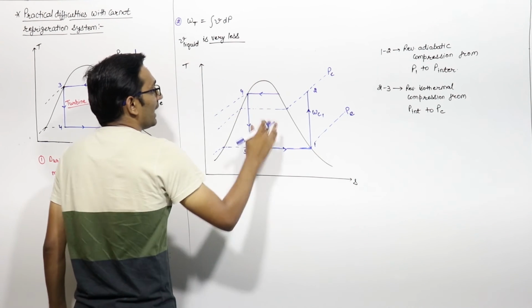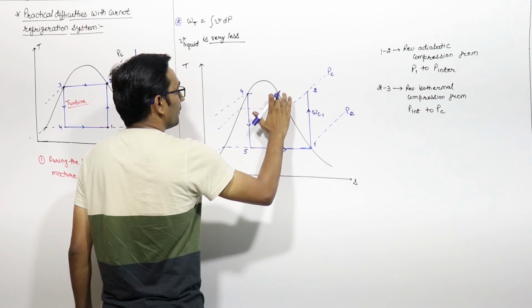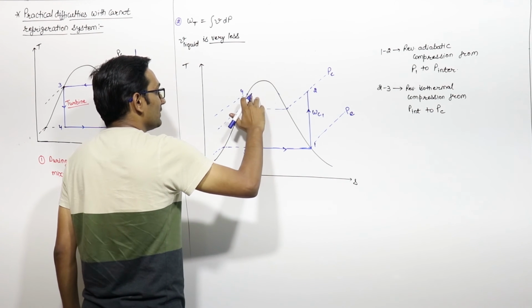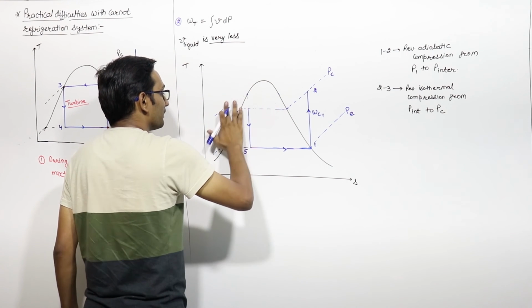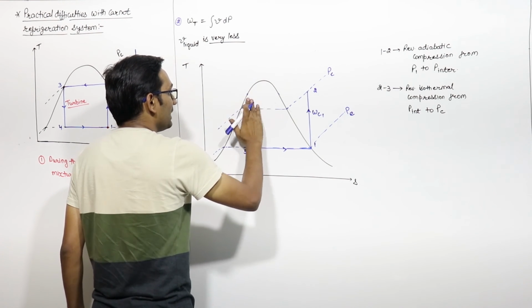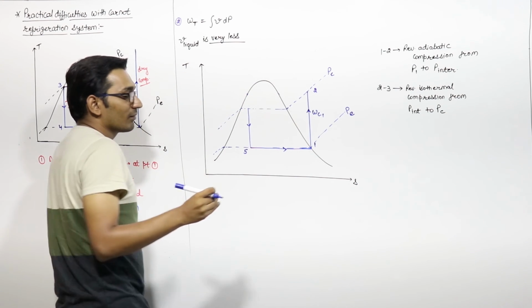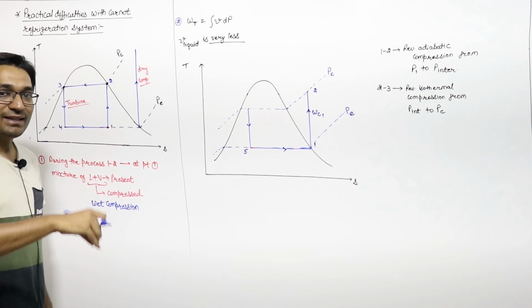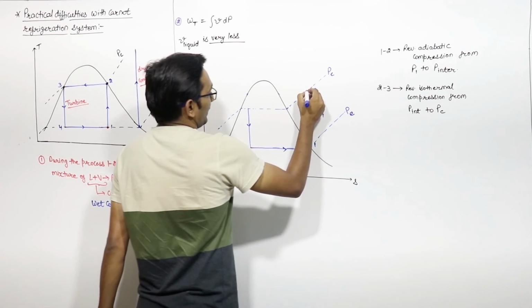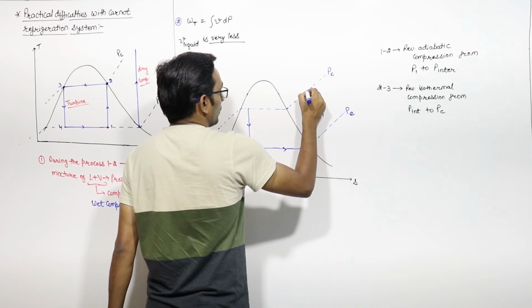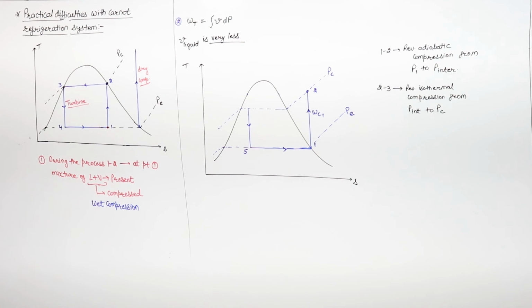That means the inlet of the condenser is at point 2.